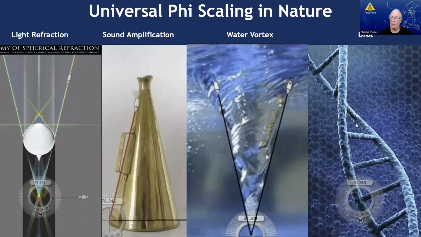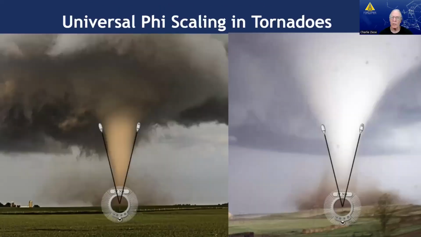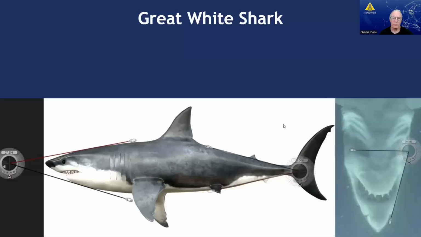We see it in our DNA, a very, very fundamental place, an important place to recognize the significance of this geometry. We can see it in tornado funnels. This is a topic for a separate discussion, but I've done other videos suggesting that this geometry is the key to implosion free energy technology.